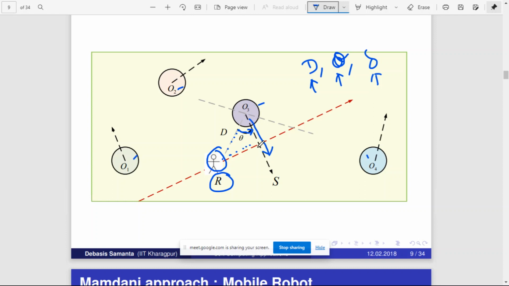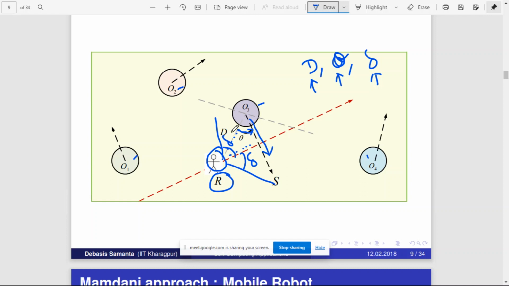So it should deviate its path, either in this direction or in this direction. So how much deviation it should take from its original path. This angle of changing its path is called deviation.